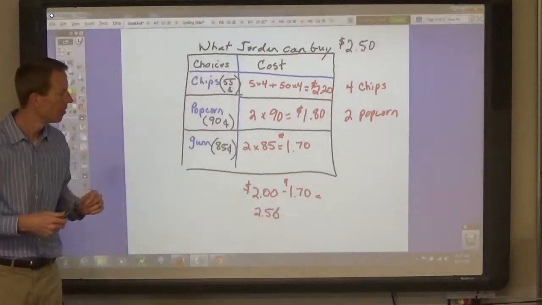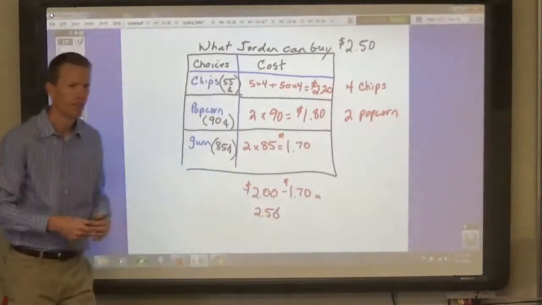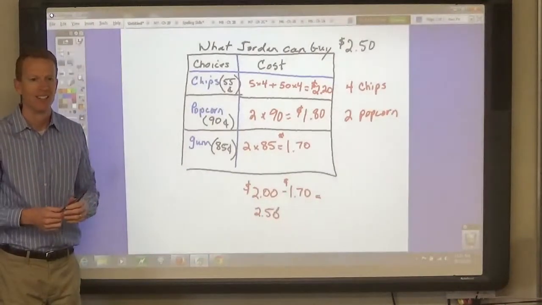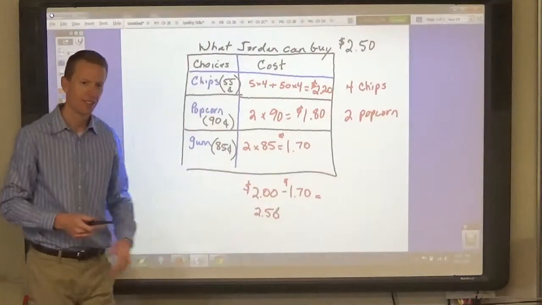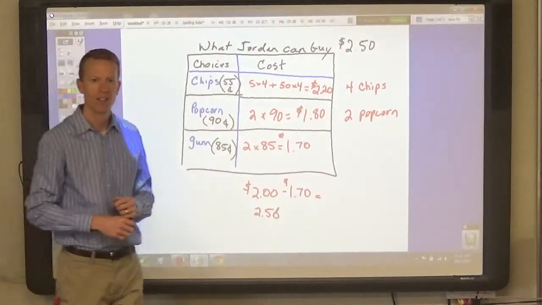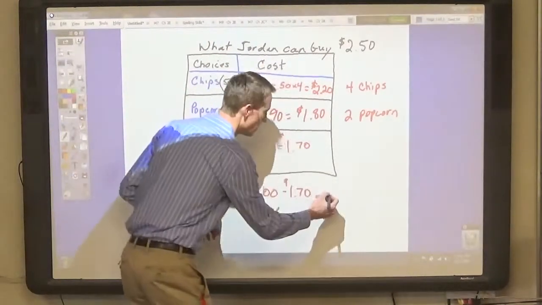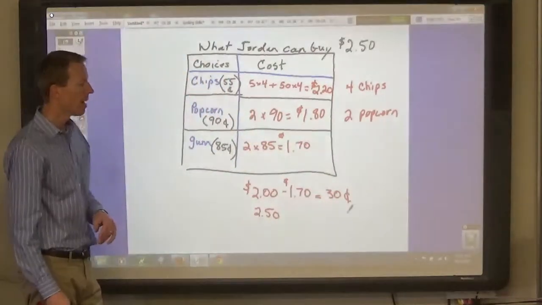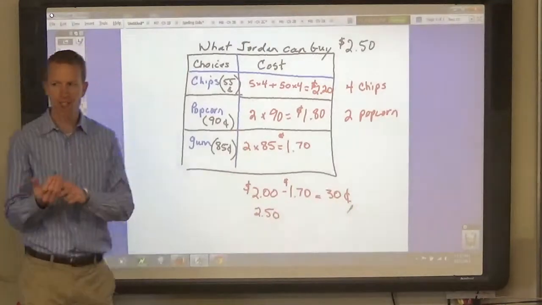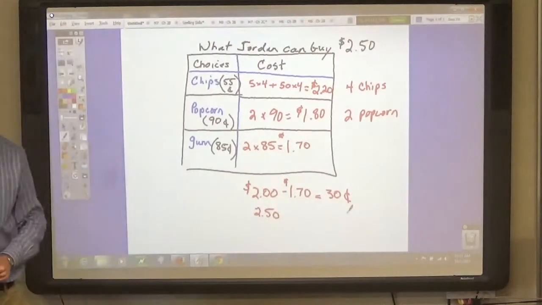How much in change? What's the difference between these two numbers? Max? 30 cents. Now, how much did you still have in your hand when you paid for that?